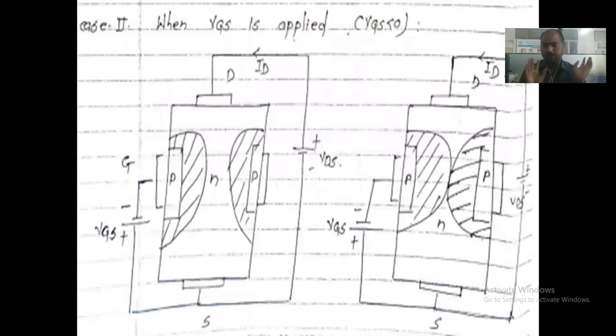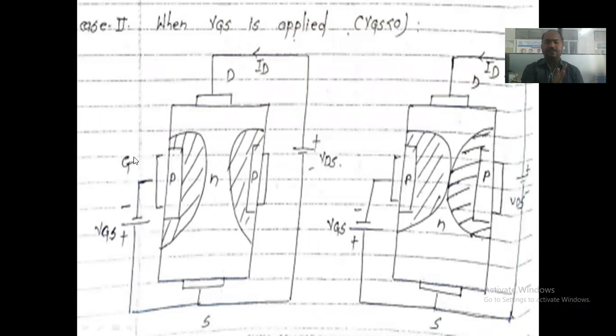I had already told you, the gate is the control terminal, right. Control terminal indicates that we apply the voltage between gate and source, because gate and source are the control terminal, right.